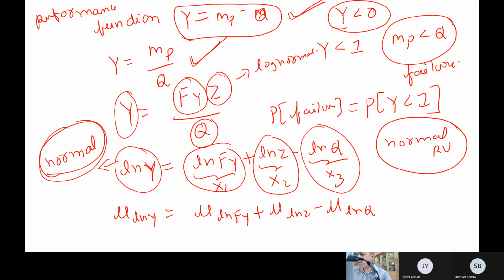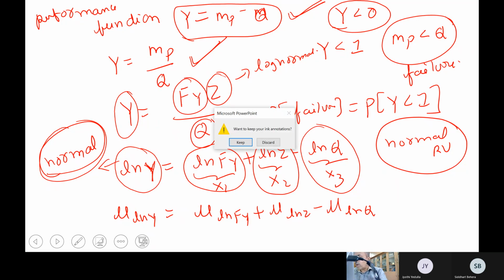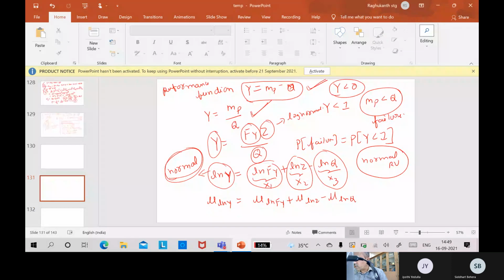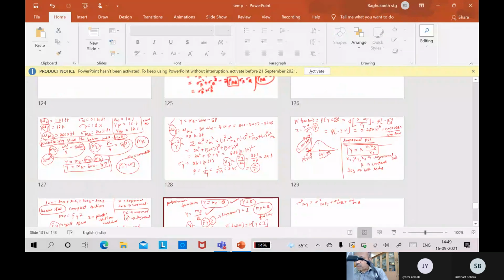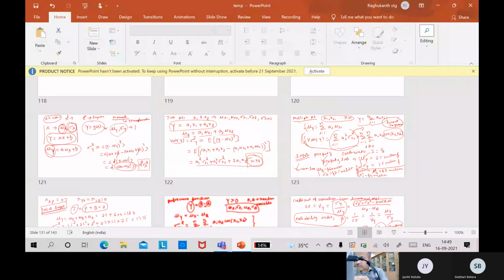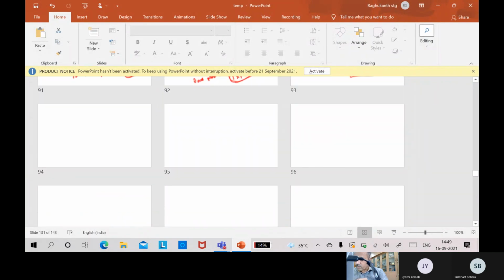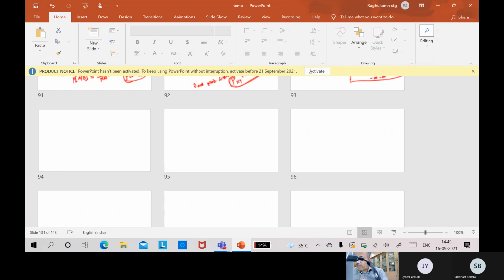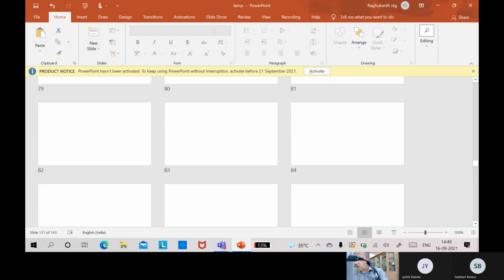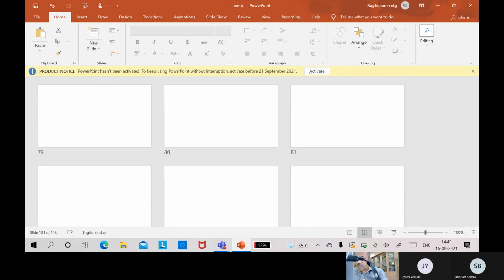Last time, when we discussed log normals, I gave the equations for how to compute this. You remember those equations?